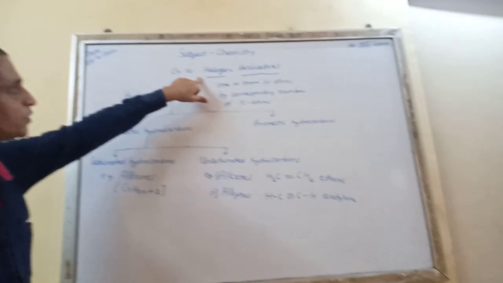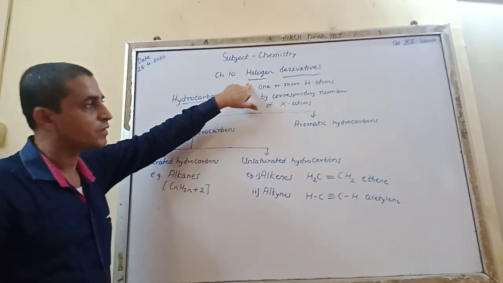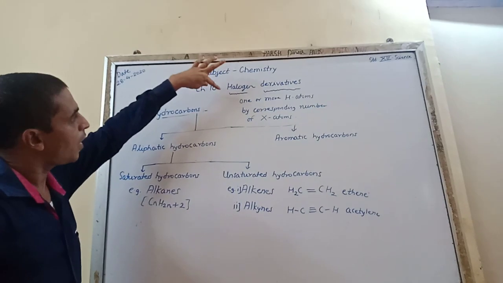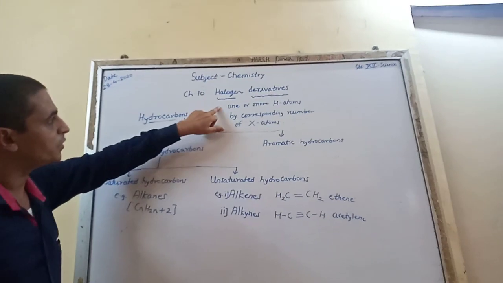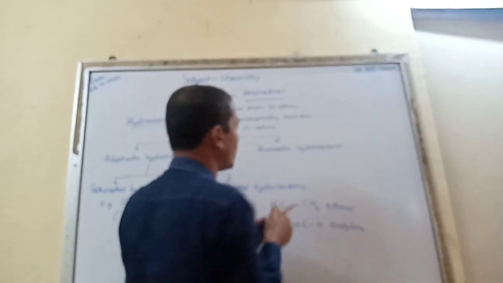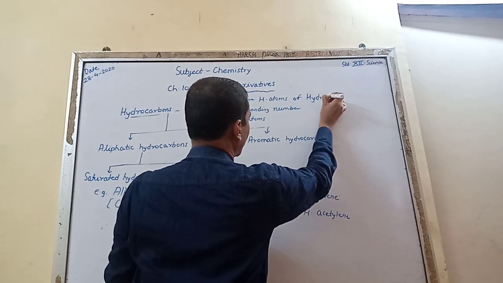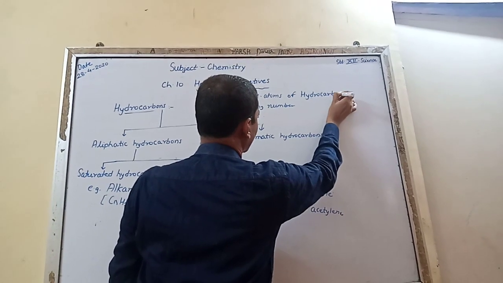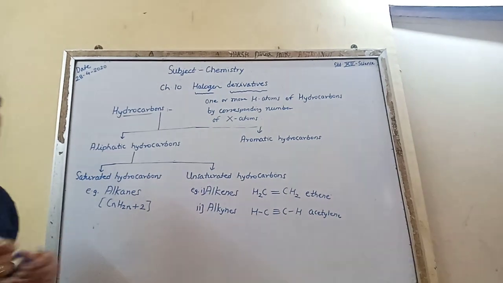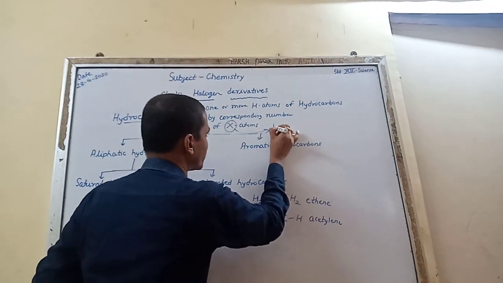They are called as what? Halogen derivatives of hydrocarbons. Now again I am repeating. Halogen derivatives of hydrocarbons are those compounds which are obtained by replacement of one or more hydrogen atoms of hydrocarbons by corresponding number of X atoms. X atoms means what? Halogens.